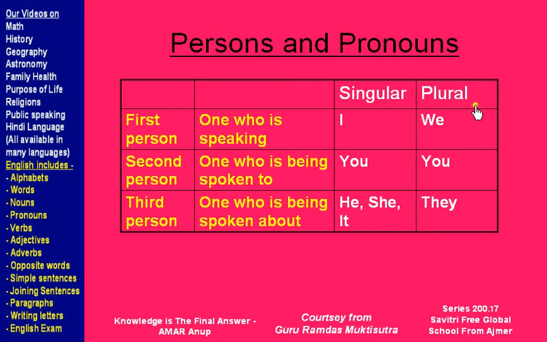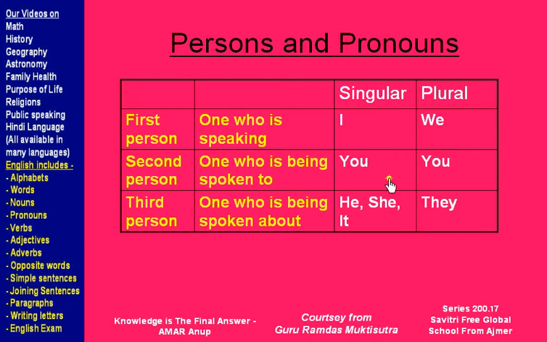Plural in English means more than one. So if there are two people, it is plural. So if I am standing here with my brother, I will say we if I am talking about both of us. So I is first person pronoun for singular and we is first person pronoun for plural.